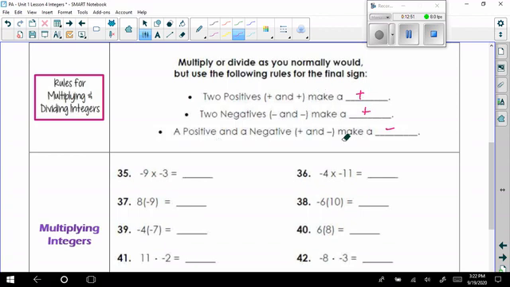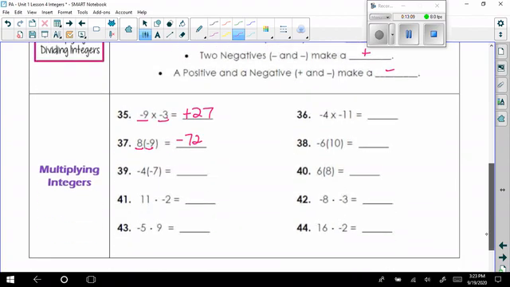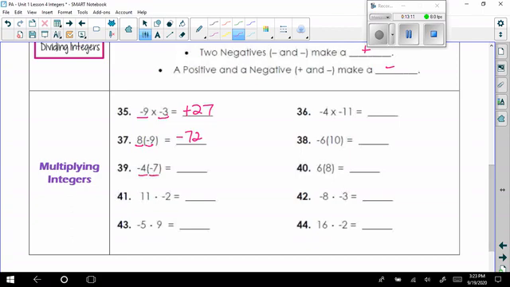Different signs, it's a bad thing. My shoes again. So if I have a negative times a negative, that's going to be a positive. 9 times 3 is 27. Positive times a negative, they're different signs, so it's negative. 8 times 9 is 72. A negative times a negative makes it a positive. 4 times 7 is 28.